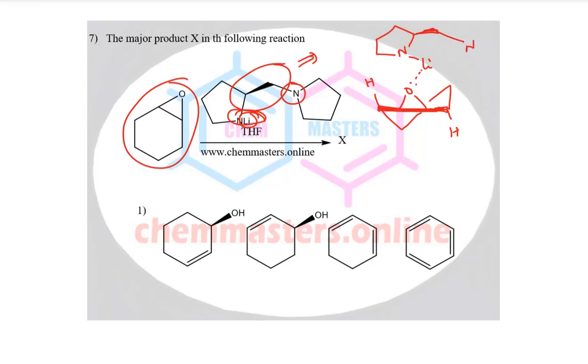And here is the nitrogen of the heterocyclic ring. This is the interaction we can see. So the base can abstract this proton by attacking here. The base abstracts the proton, the bond cleaves here, and epoxide opening takes place.